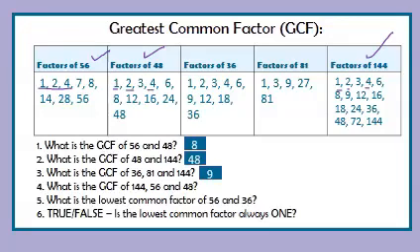You also have here 8. What else? 14, you don't have here. 28, you don't have. 56. So the greatest common divisor or the greatest common factor is 8. And the same thing in the other two.